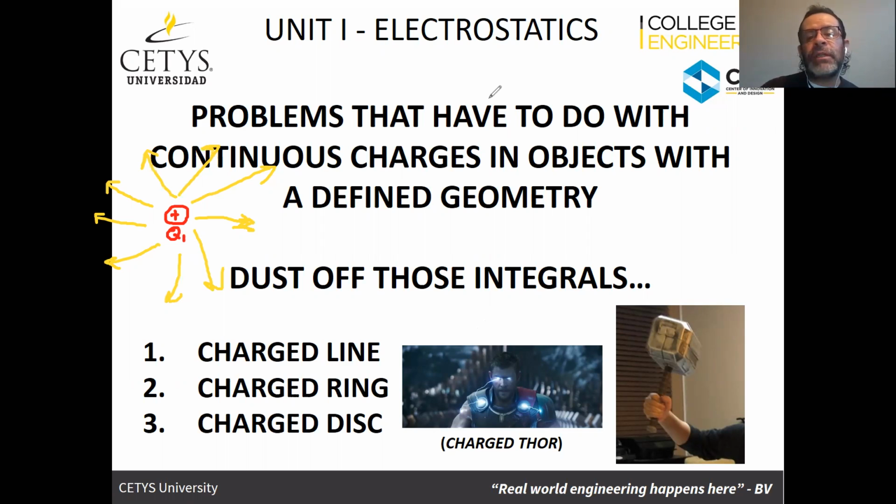But now imagine that instead of having a point charge, I have a line that has a certain length. And this line also is positively charged. All this line is positively charged.